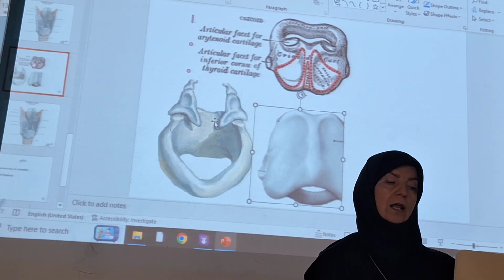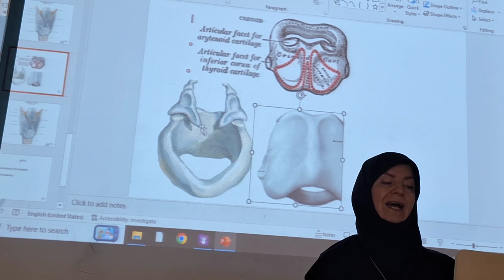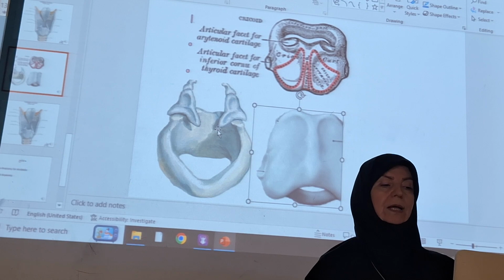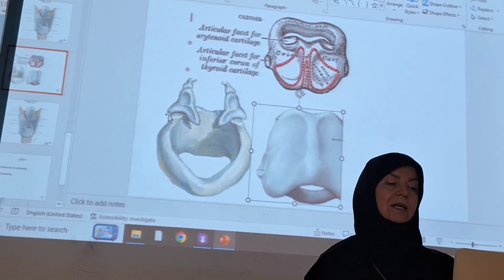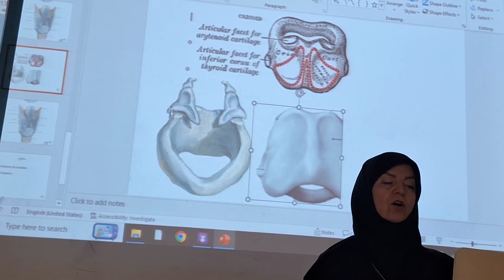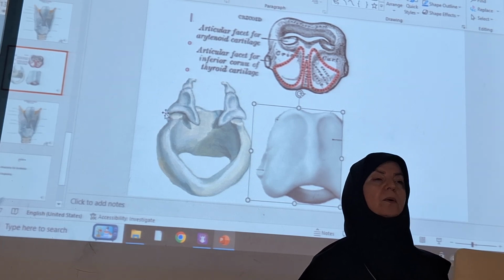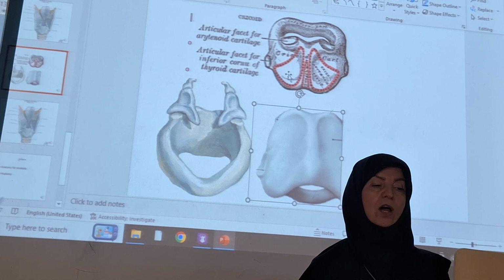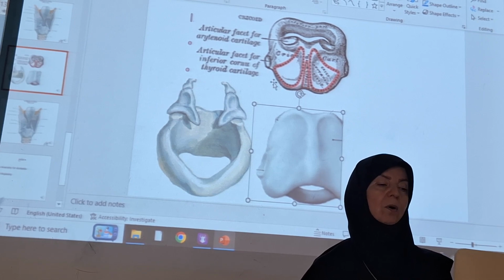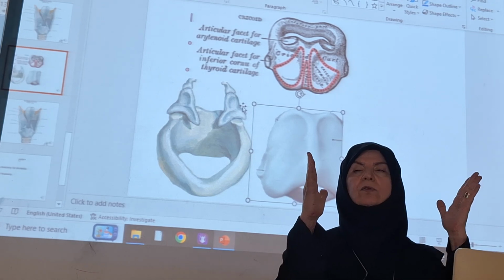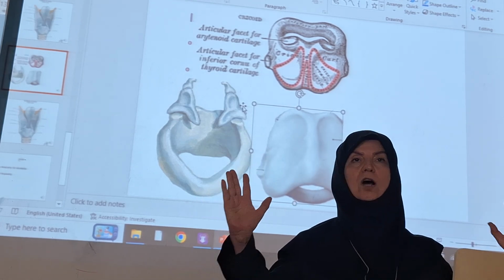This vocal process is the site for attachment of the vocal fold or vocal cord, and this muscular process is an area for attachment of some muscles, such as the posterior cricoarytenoid muscle. This muscle inserts into the muscular process, so it rotates the arytenoid laterally, not medially.